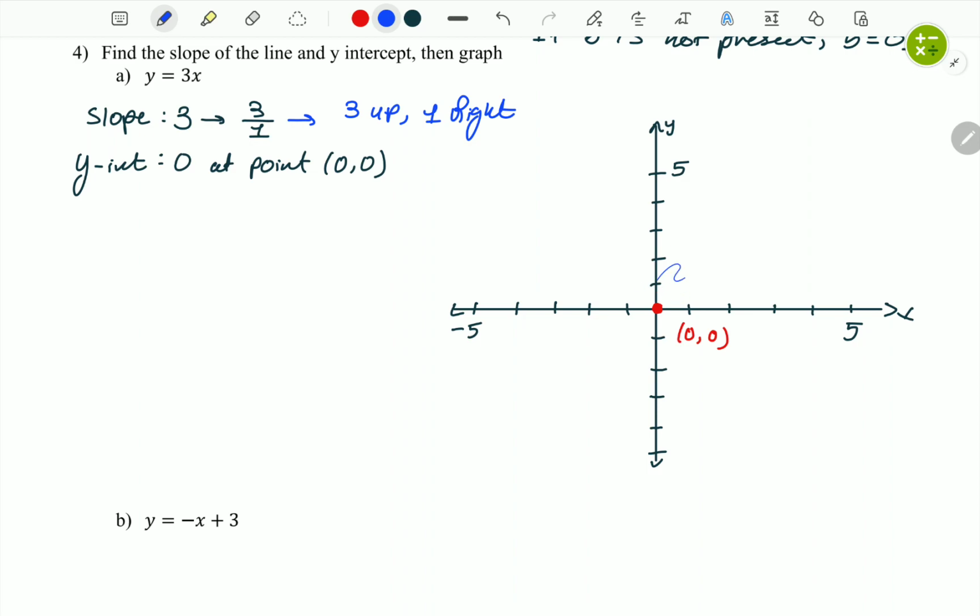Our slope says to move 3 up and 1 to the right. So let's move 3 points up and 1 over to the right. And this is the point right here of 1, 3. We have our 2 points. Let's sketch the graph to the best of our abilities, of course. That's decent enough in my opinion. Y equals 3x.